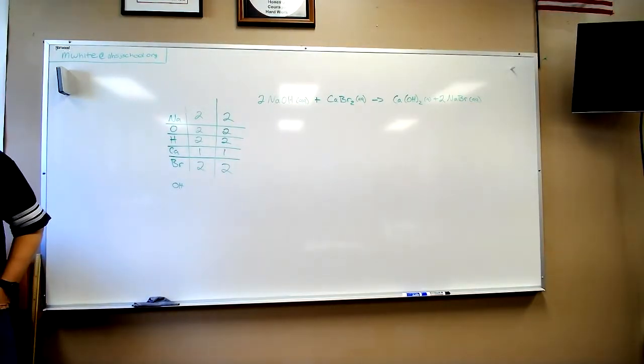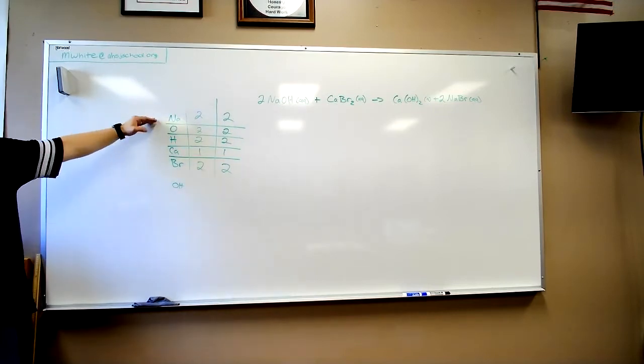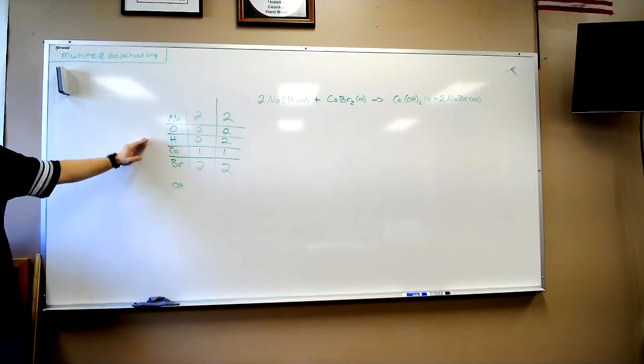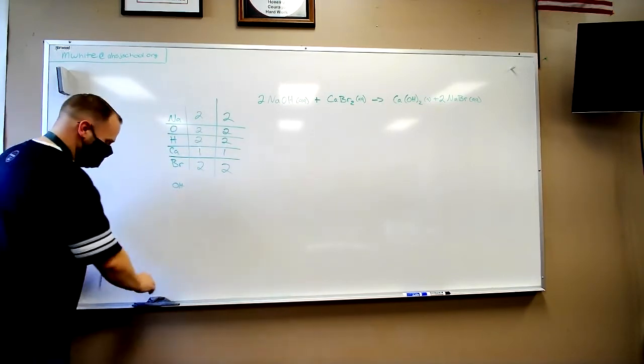If that makes sense to you, it can be a shortcut. If it doesn't, don't worry. Just separate them out like we did. Okay? You don't need to be worrying about shortcuts until you truly understand this.